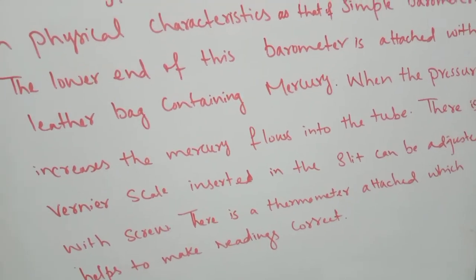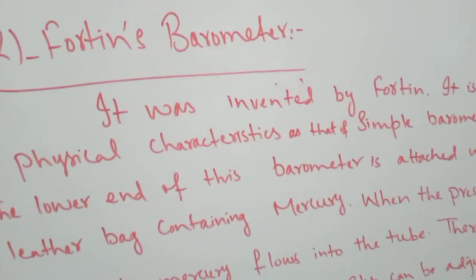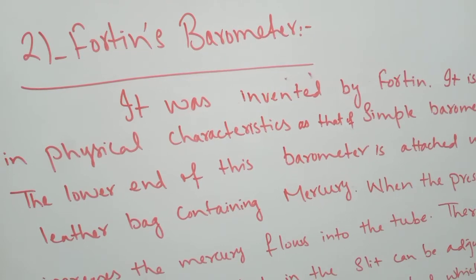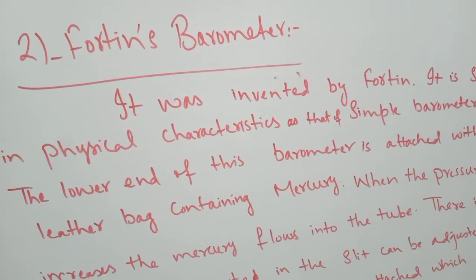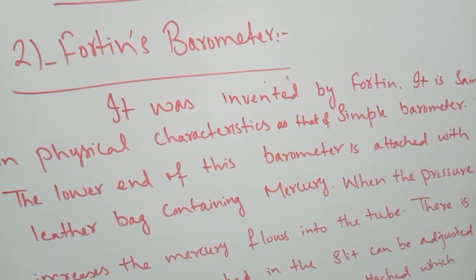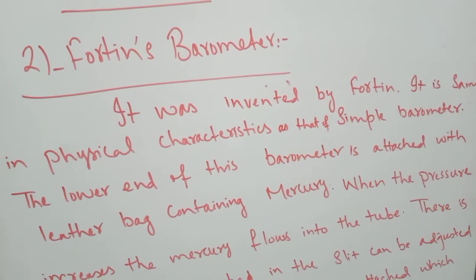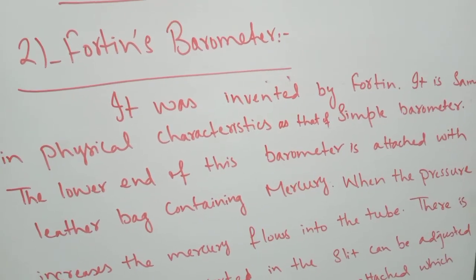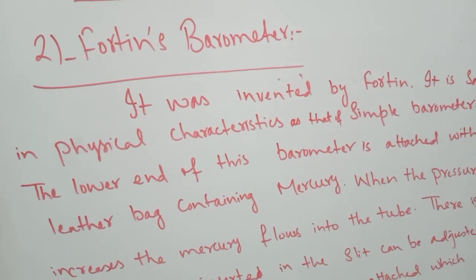So this barometer is a type of instrument attached with a thermometer, and with the help of the thermometer the correct readings can easily be obtained. This barometer is concerned with and has a great link with the mercury.